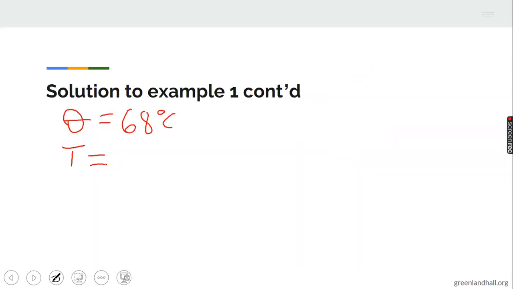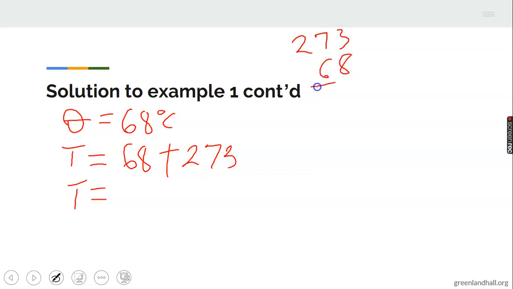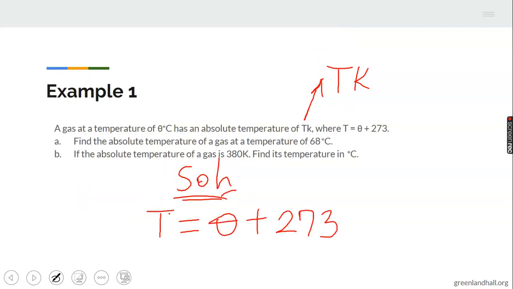T equals theta plus 273, that will be 68 plus 273. 68 plus 273 gives us 341 Kelvin. This is like converting from degrees to Kelvin. This is the formula that you will use.